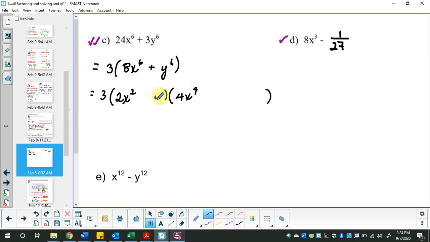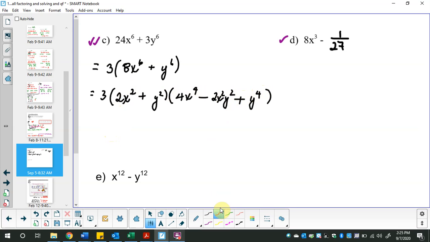Like I said, divide by 3. Then multiply them together in the center. Keep it, change it, always plus.